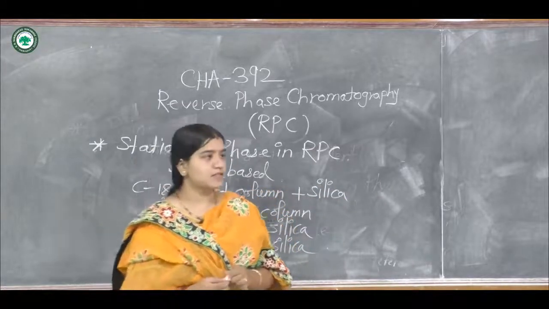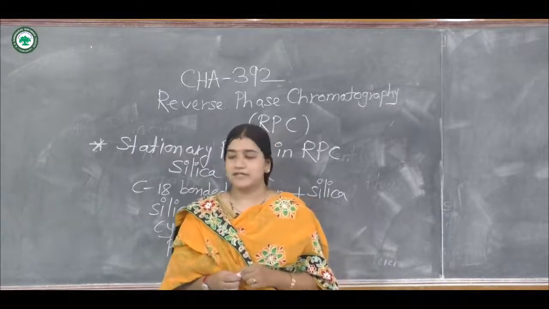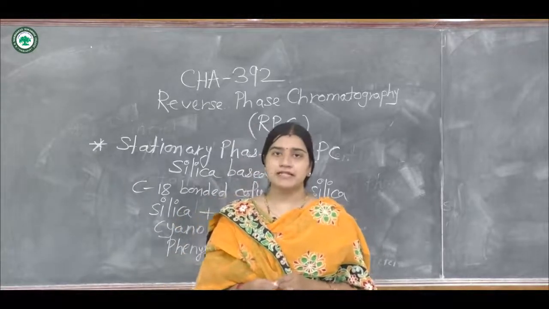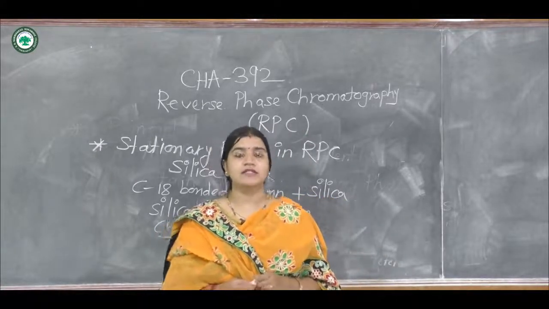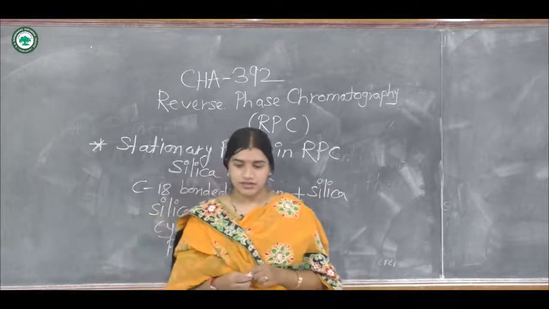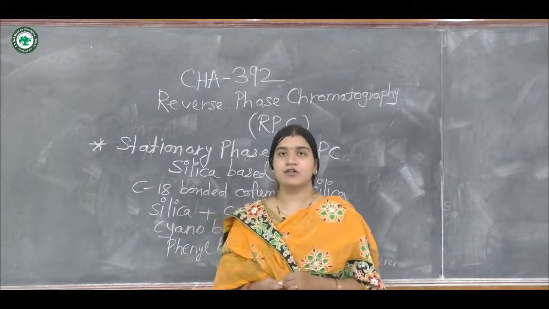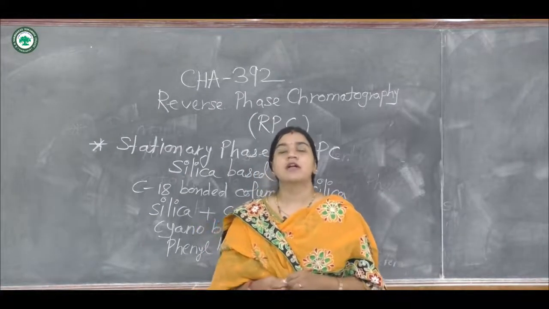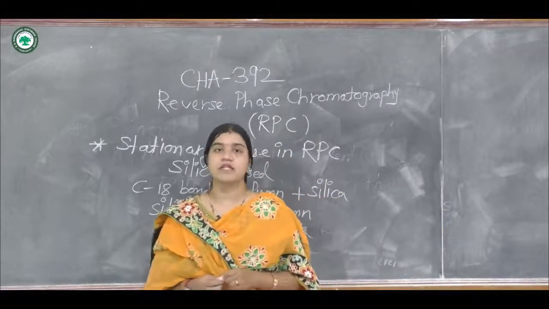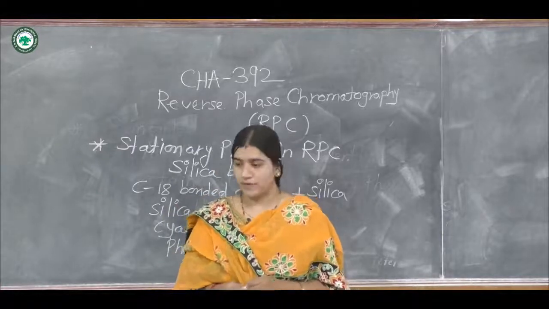So as far as the stationary phases are concerned in reverse phase chromatography, basically all of them are based on silica. Simply C8 or C18 columns are the most widely used. Sometimes silica is attached with different groups, that is C8 bonded with silica, C18 bonded with silica, phenyl group bonded with silica, cyano bonded silica. These are the different types of stationary phases used in reverse phase chromatography.